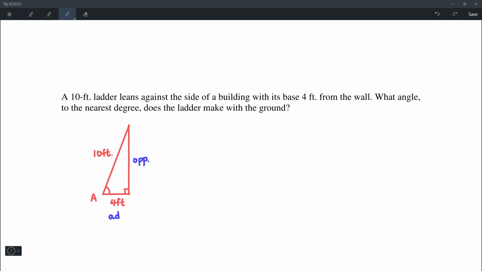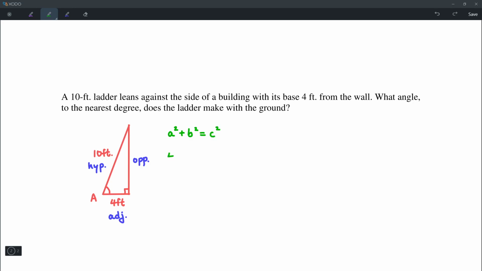This will be the adjacent side, that's 4 feet, and the hypotenuse is 10 feet. Because we do not yet have the other trigonometric ratios, we are going to be relying on tangent for now. We need to first use the Pythagorean Theorem, a squared plus b squared equals c squared, to find out what the opposite side actually is.